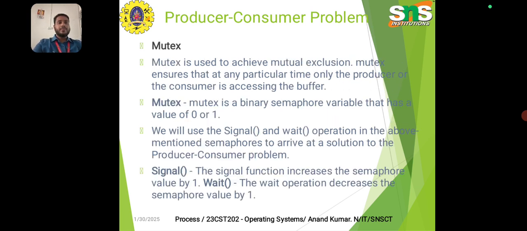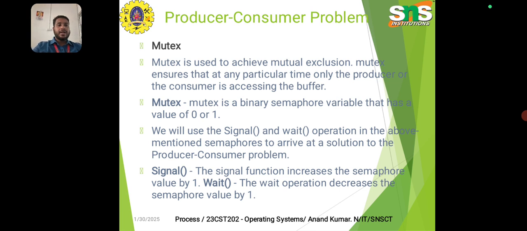Mutex is used to achieve mutual exclusion. Mutex ensures that at any particular time only the producer or the consumer is accessing the buffer. Mutex is a binary semaphore variable that has a value of 0 or 1.